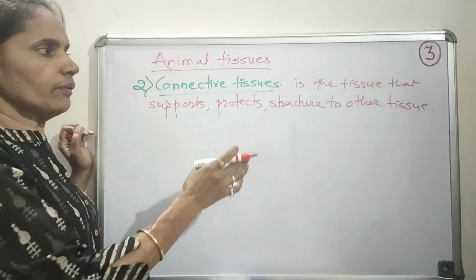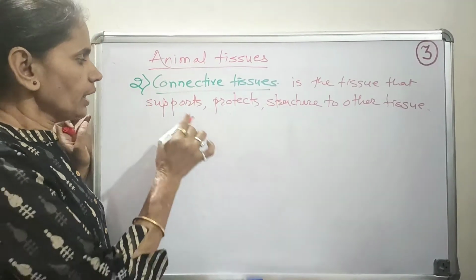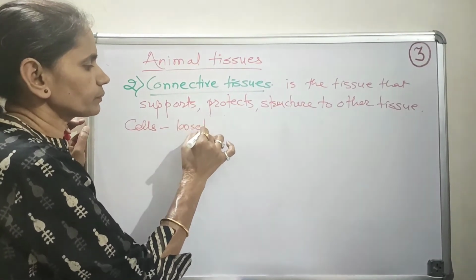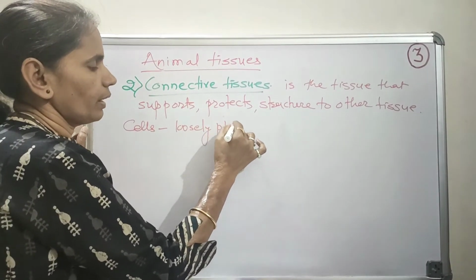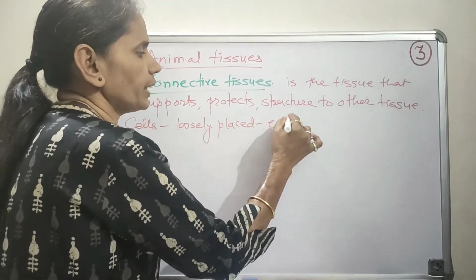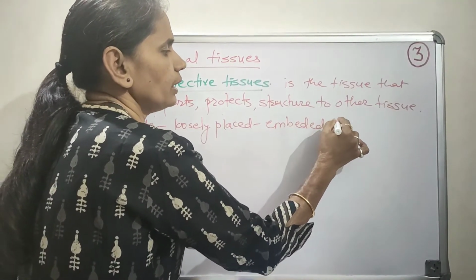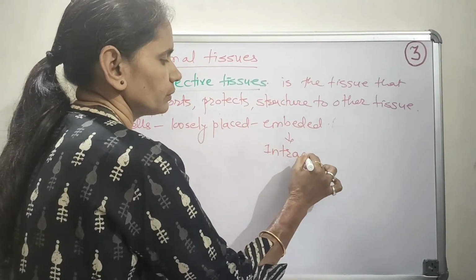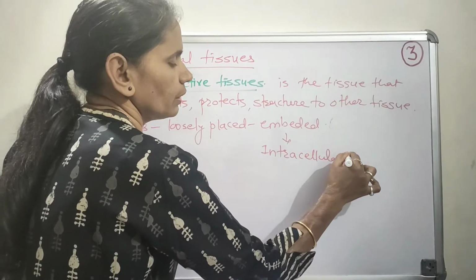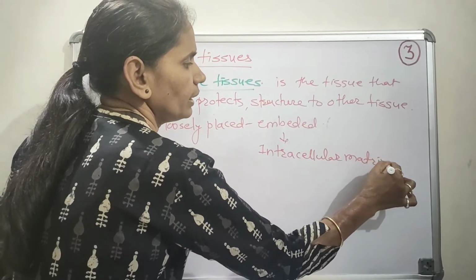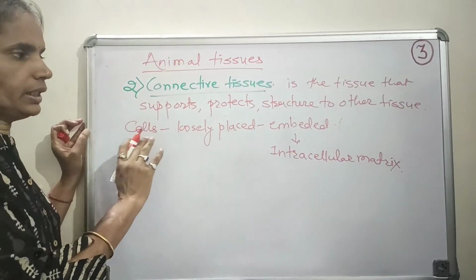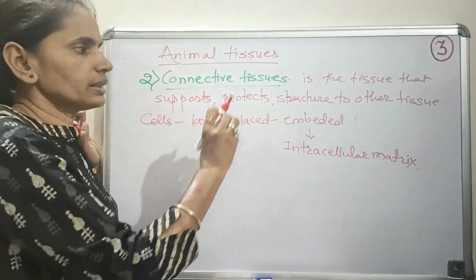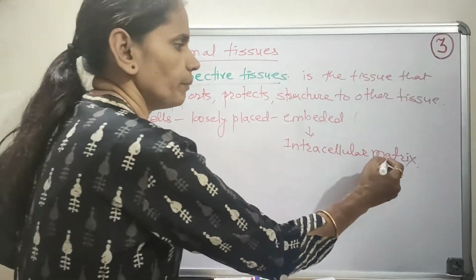In our body, different connective tissues are present. The cells of connective tissue are loosely placed and embedded in the intercellular matrix. So unlike other tissues such as epithelial tissue, the cells of connective tissue are loosely placed and embedded in the matrix.